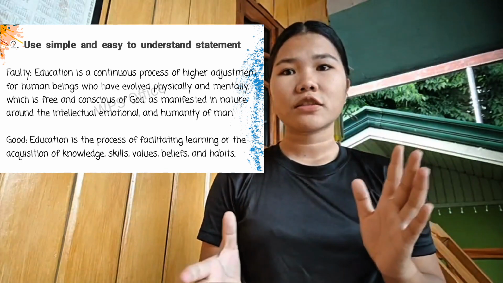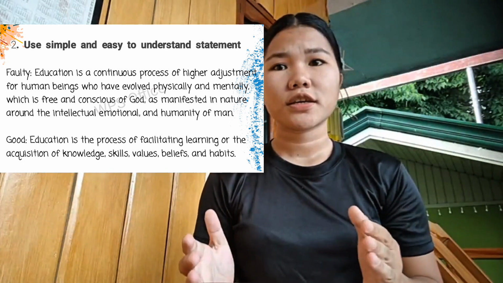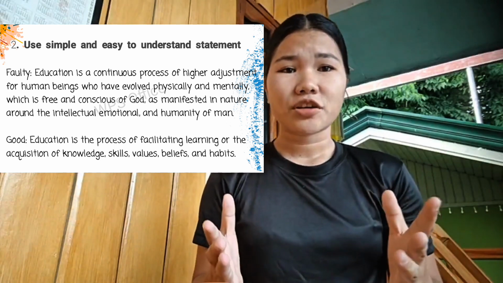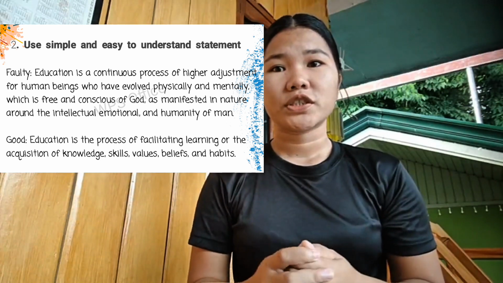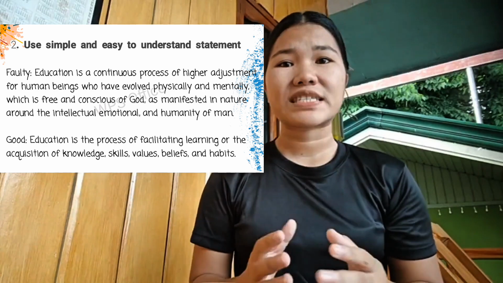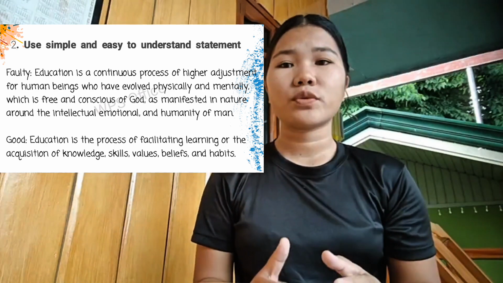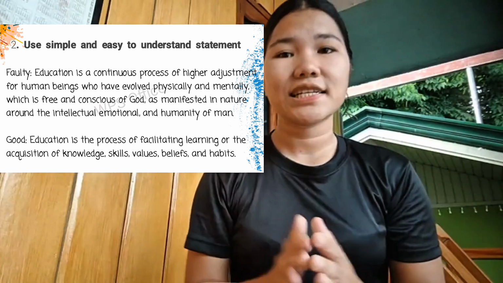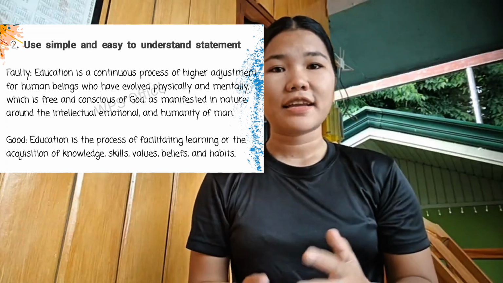Instead of that long confusing sentence, why not just use an easy to understand statement, which is education is the process of facilitating learning or the acquisition of knowledge, skills, values, beliefs, and habits.